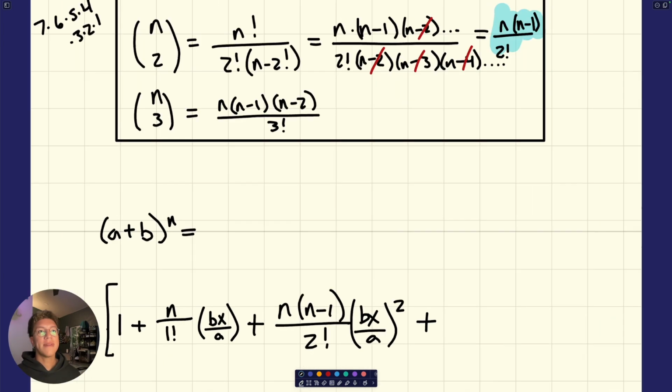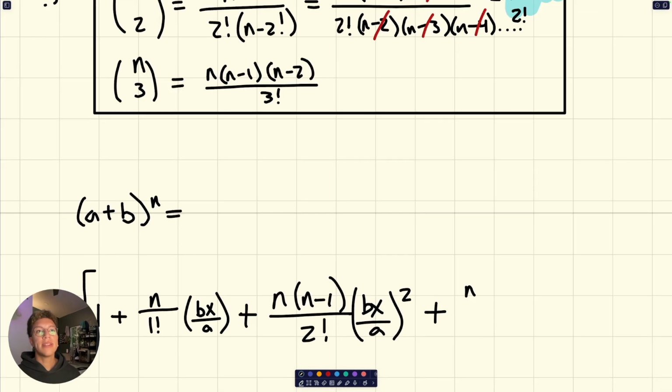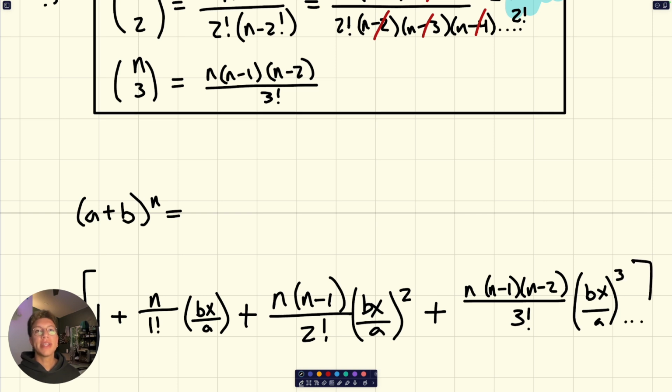Let's zoom back in a little bit. And so we get n, n minus 1, n minus 2, all over 3 factorial. And then again, we have bx over a to the third power. And so that's the first 4 terms of the expansion.